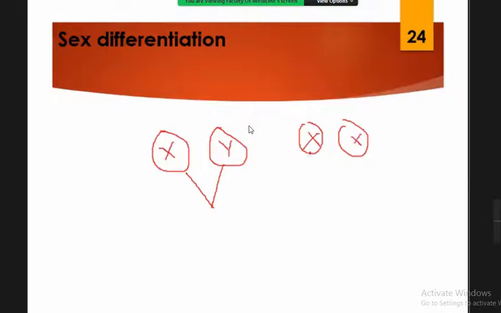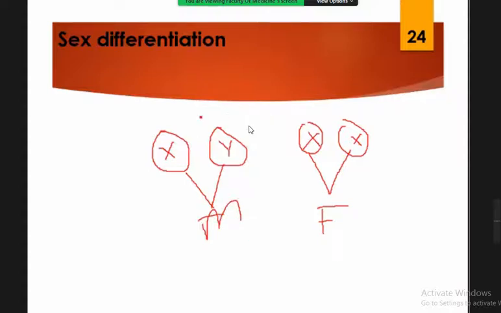Remember the normal Mendelian inheritance. So that is when we are going to get male or female. This happens at the time of fertilization.